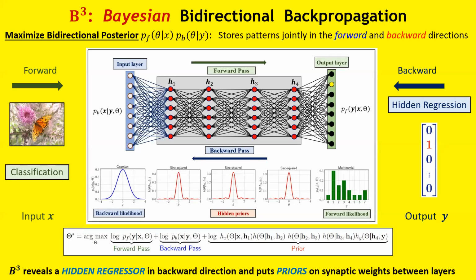Bidirectional backpropagation jointly trains a neural network, in particular a classifier, forwards and backwards in terms of the probabilistic structure, the forward probability and the backward. Unidirectional ordinary backpropagation just goes from left to right. And if you do that with a classifier where the input layer consists of identity neurons, as here, for example, an input pattern might be this monarch butterfly on a thistle, and pass that input pattern X from left to right through hidden layers.